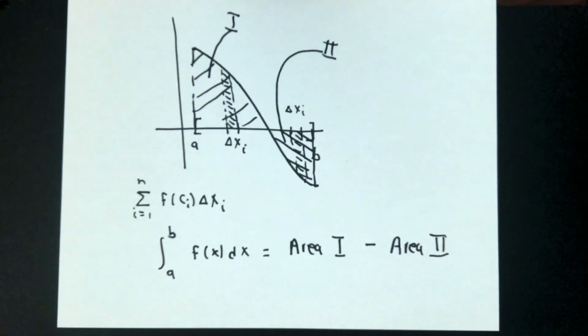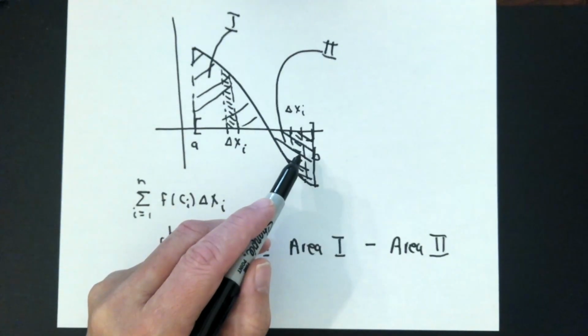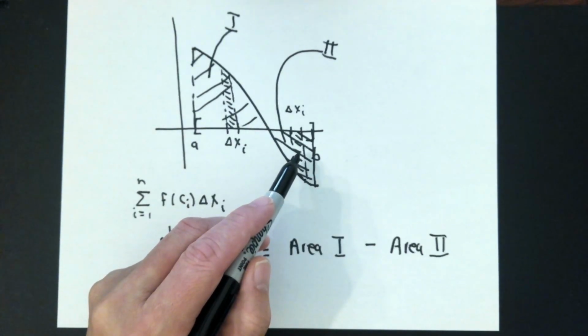So when I calculate the integral from a to b of f of x dx, what I'm actually calculating is the area of region 1 minus the area of region 2. This number could be positive if area 1 had more area than the other. It could be negative if the amount of area indicated with the 1 was less than that of 2, or it could even be 0 if by chance the amount of area above and the amount of area below were equal to each other.